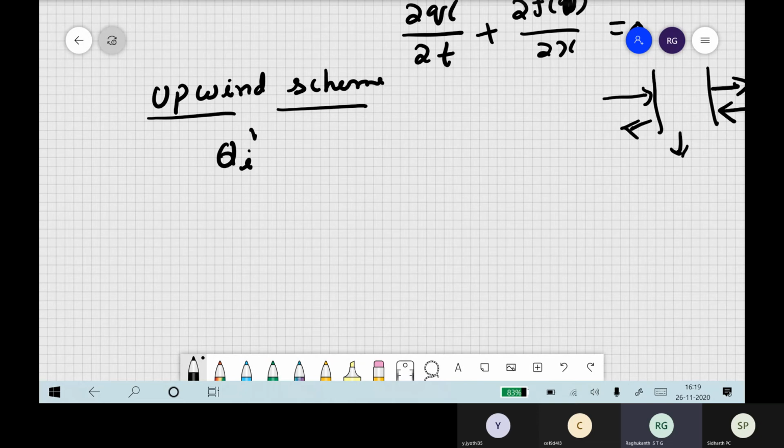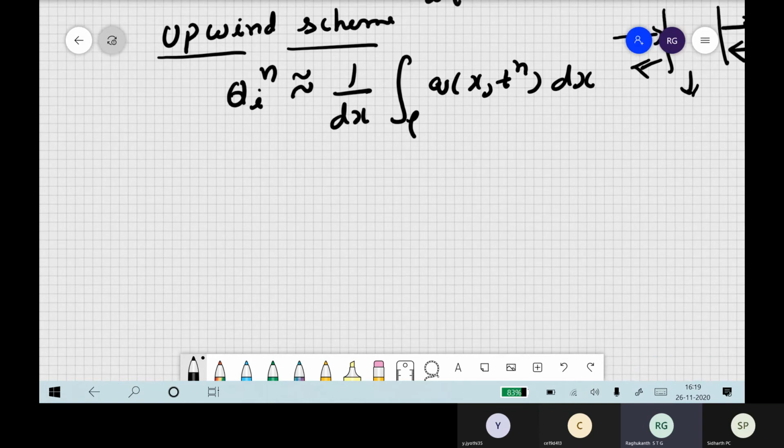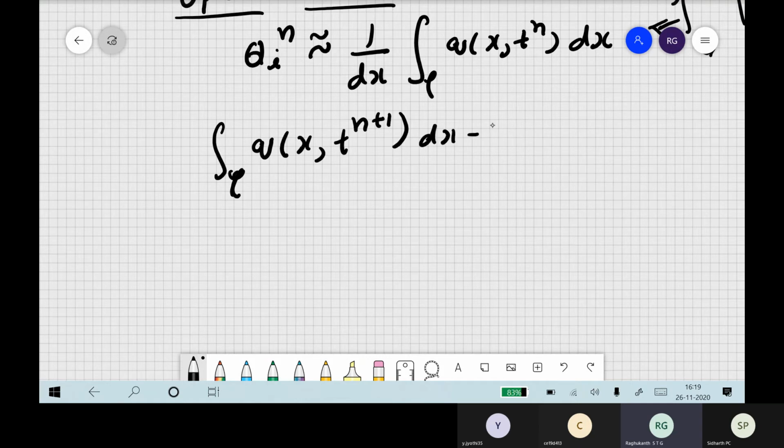So Q_i^n, as already I told you, we represent the solution in each cell by the integral of q(x,t_n) dx. This is my Q^n here, the average value of the cell. Now, as previously we have written, this is my volume: the integral of q(x,t_{n+1}) dx minus the integral of q(x,t_n) dx.